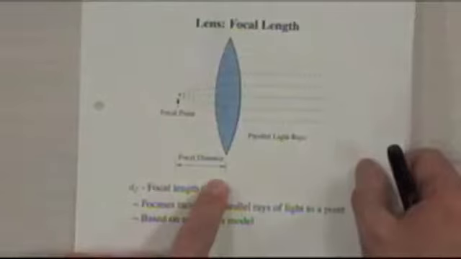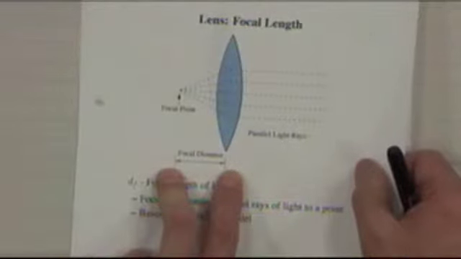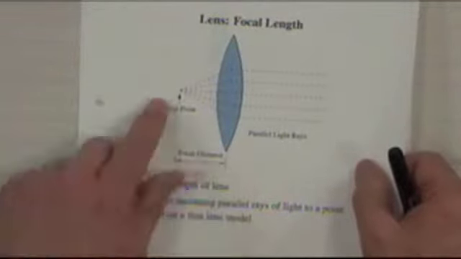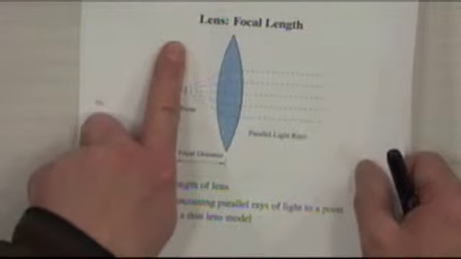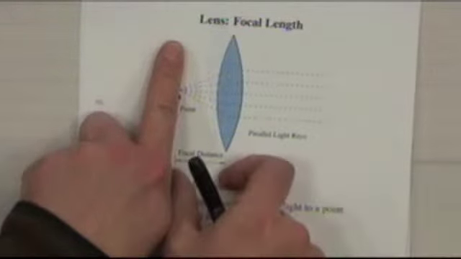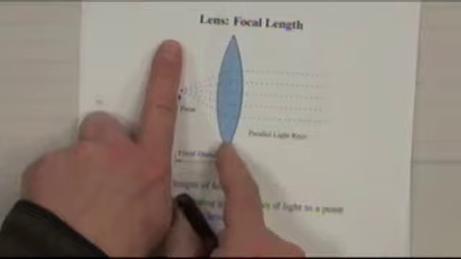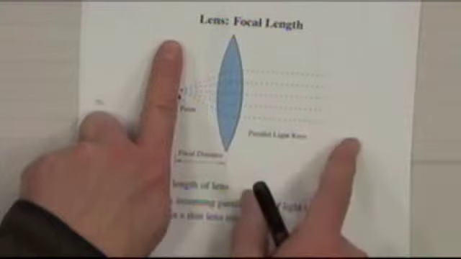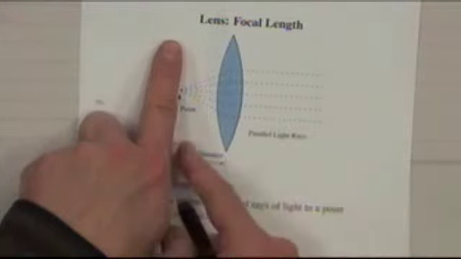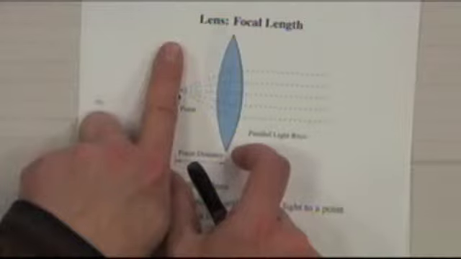And then the focal distance of the lens, d sub f, is a property of the lens. The focal distance is the distance you need to have the focal plane away from the lens. It's the distance to the focal plane when you have ideal focusing of an infinite source of light onto the plane.